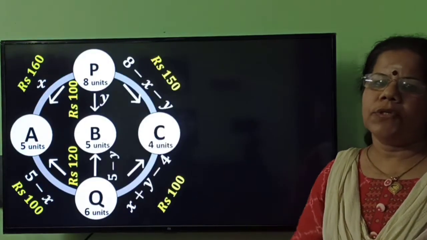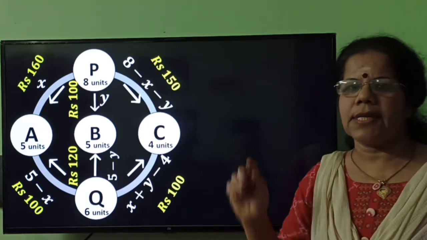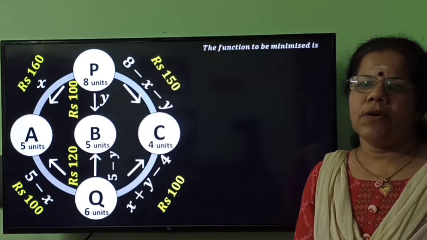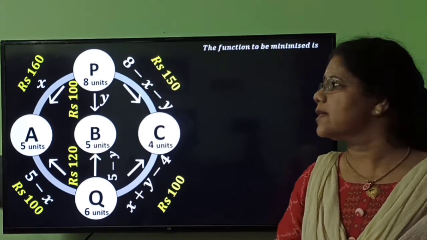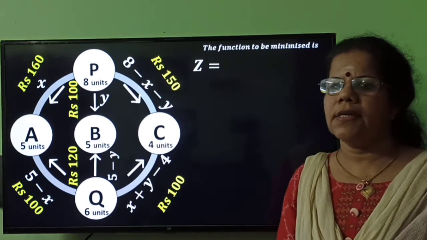Now let us go to the function to be minimized, the transportation cost. Let us calculate it. The function to be minimized is z, that is the total cost, right?